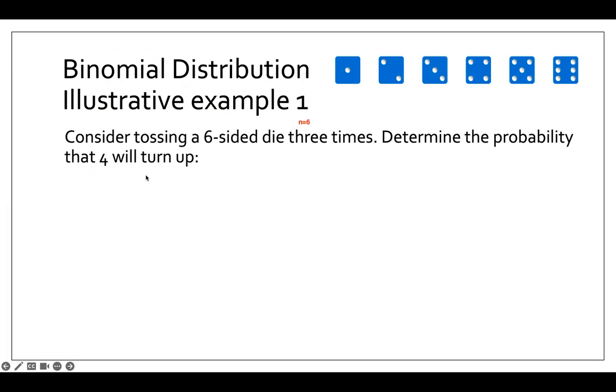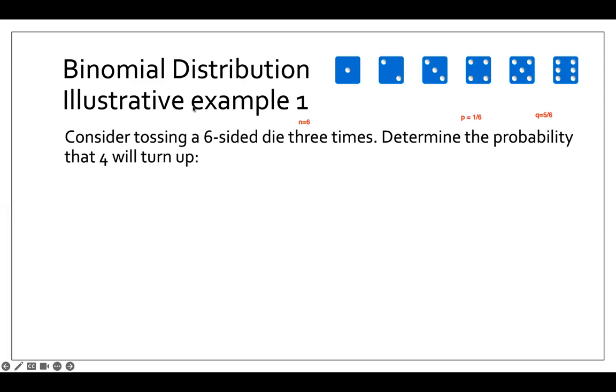Your success is the probability that the 4 will turn up. In a normal die, there are 6 numbers. There's only one 4. So the probability of success here, your P, is going to be 1 over 6. And the probability of your Q will be the complement of your P, which is 5 over 6, right? 1 minus 1 over 6 is 5 over 6.